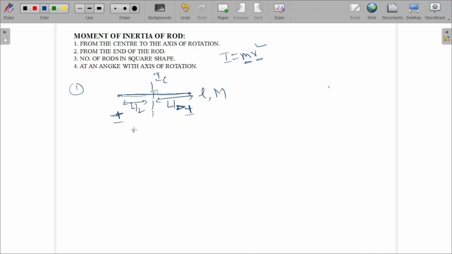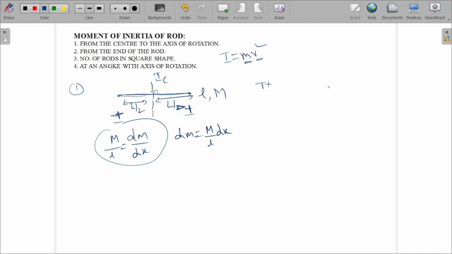That means total mass per total length equals dm by dx, so dm equals m by L into dx.